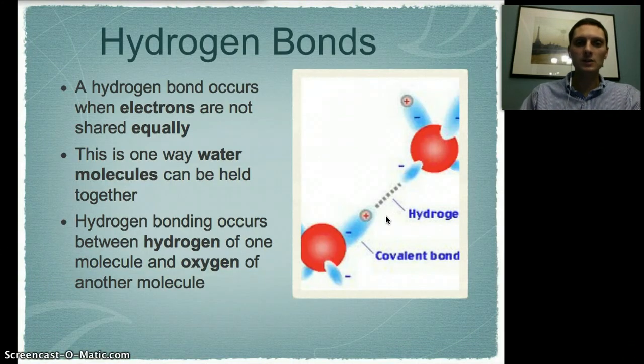And because of this, and really one of the most important things about water, because of this unequal balance of charges, because the water molecule is a polar molecule, we get these things occurring called hydrogen bonds. And we've previously talked about these a little bit, but now we're really going to take a look and see how these work. So the way that a hydrogen bond works is it's between two different water molecules.